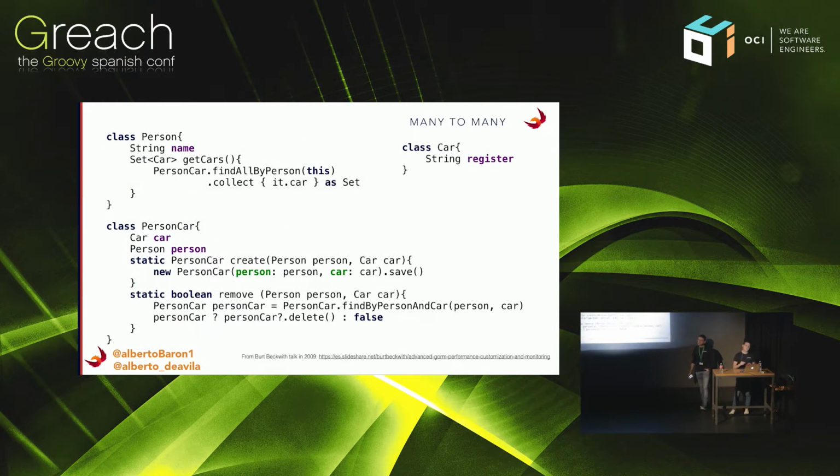A sample of this: we have the same person class and the car class, and then you have a new person car class that you can see here with the two classes mapped and two methods, the create method and the remove method. We have added to the person class new methods to find all the cars for that person.